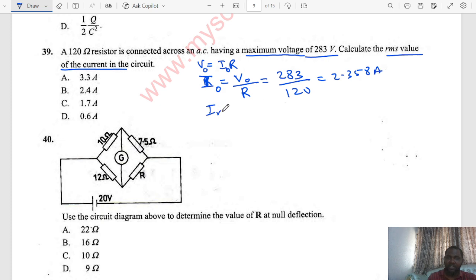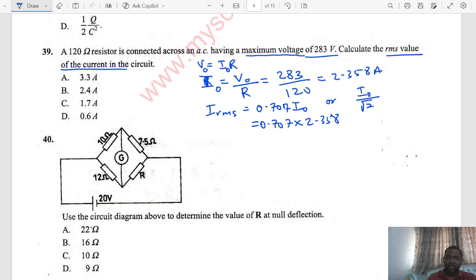Now the RMS value is always equal to 0.707 times the maximum current, or you can say the maximum current divided by root 2, whichever. So this means 0.707 multiplied by I naught, which is 2.358.